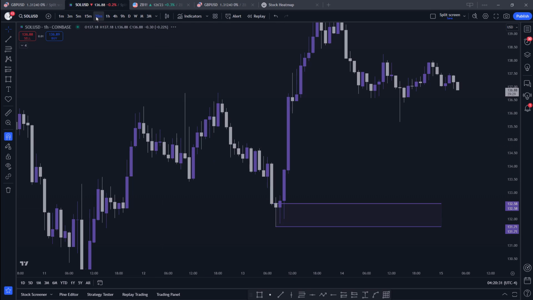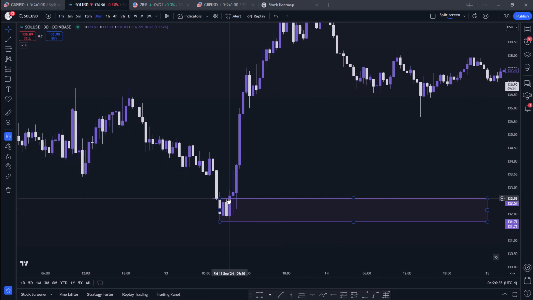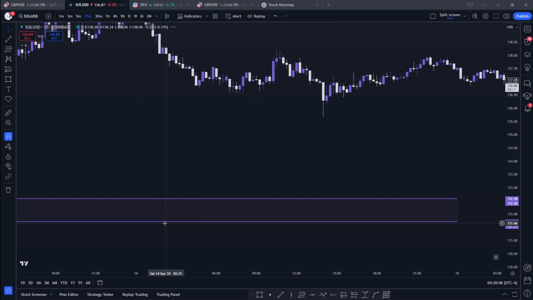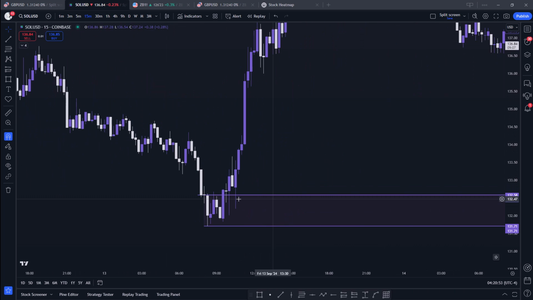When we go down again to the 30 minutes time frame, we can see that it's still an order block in a way. Might not be the highest probability order block to you and your style of trading, but we can see that it's an order block that was already respected and rejected away from. On the 15 minutes, we start having a bit more structure now.